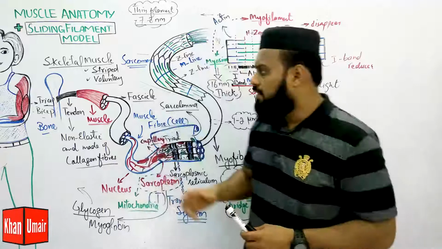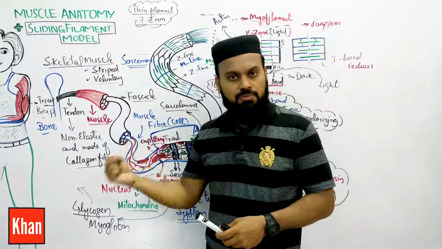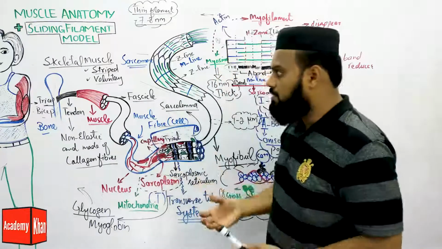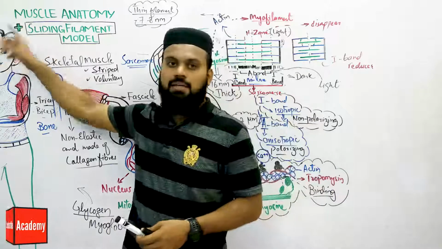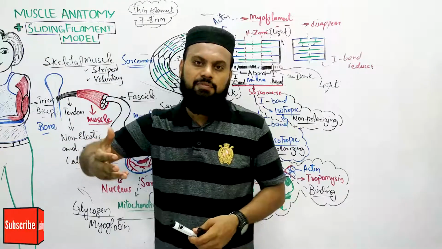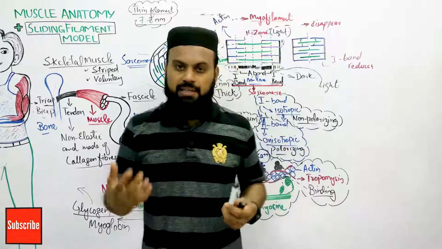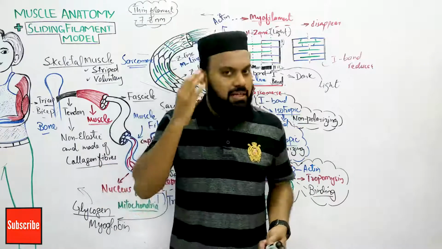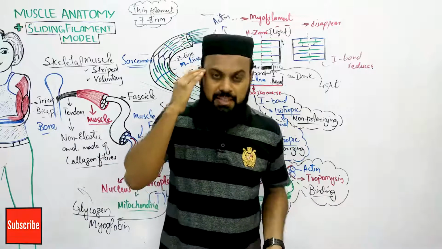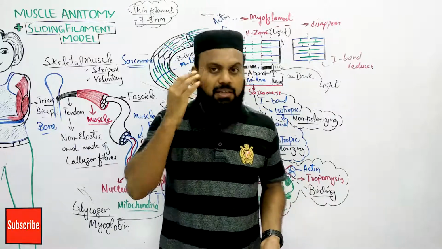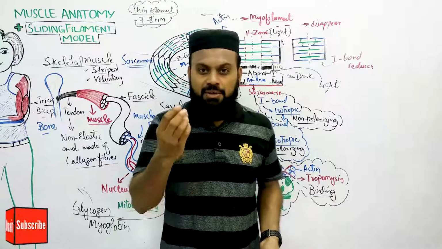Actually, when we have to move our muscles, what happens? Our brain gives a signal. First, we have to think about what we are going to do, and after that our planning makes sense and our brain turns that plan into a signal.